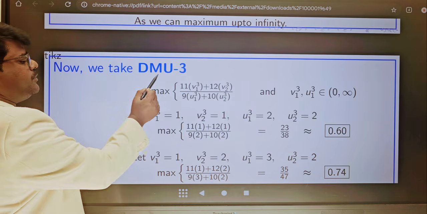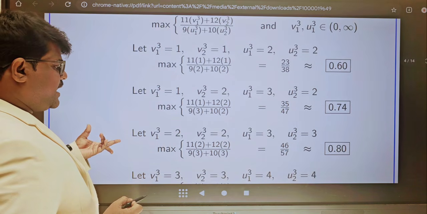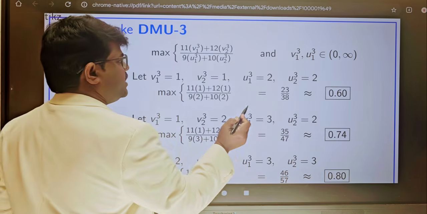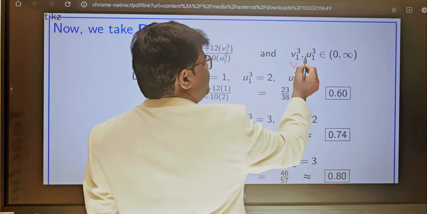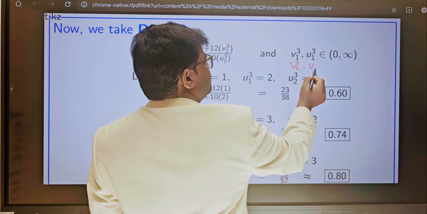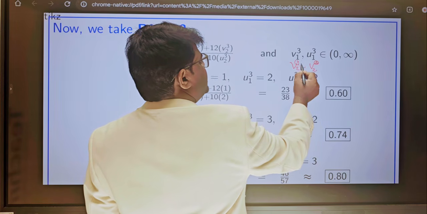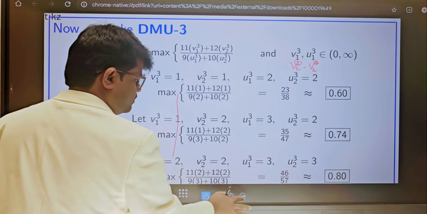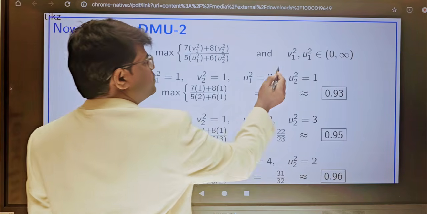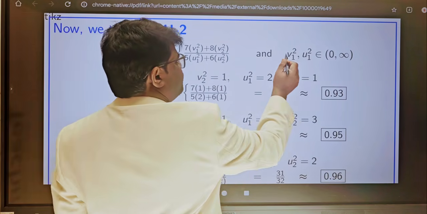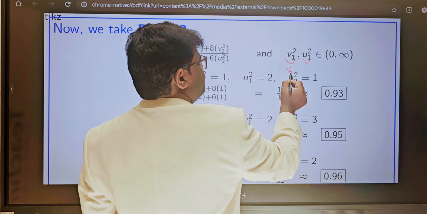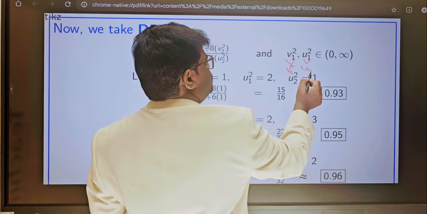Now we take DMU3. A similar procedure we can apply, again by taking the values V1, V2, U1, U2. Here this is V1, this is U1, and this is V2, this is U2.